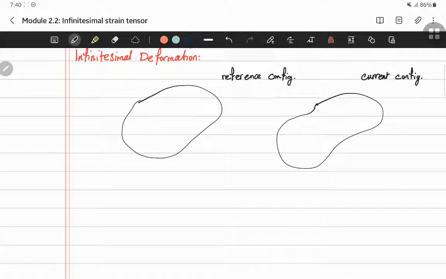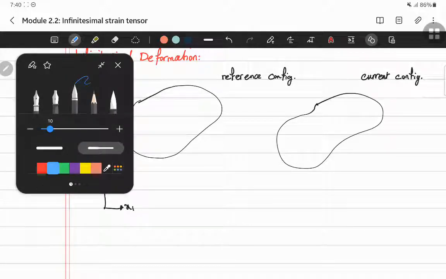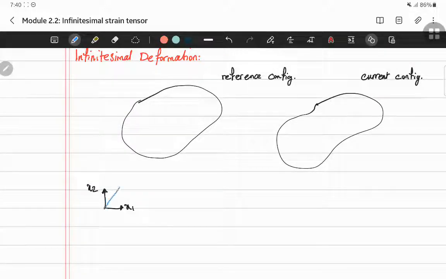This is our coordinate system, x1 and x2, and this is capital X, of course, and this is P at t0.